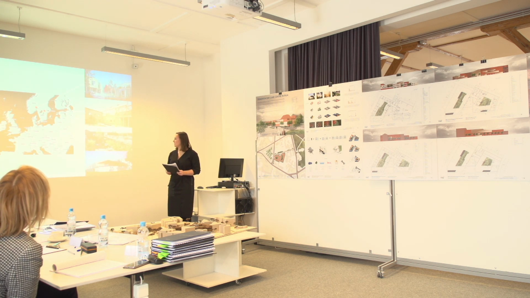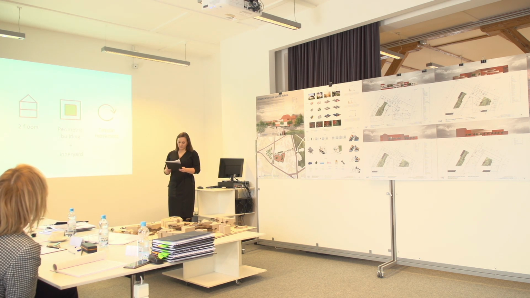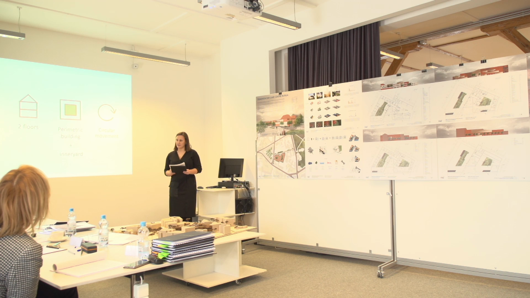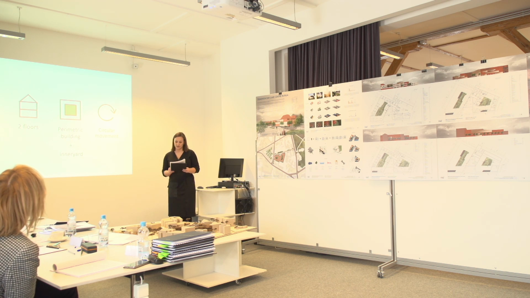Four case studies were analyzed in Europe. Similar approaches in all of these cases were discovered. All of the complexes were designed as two-floor buildings around a safe and closed inner yard.